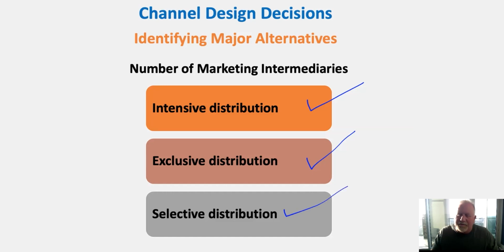And then selective distribution is where we choose only a subset of agreed upon distributors to be able to sell our product. So I'll give you an example of this. Often designer products or high-end luxury products only want certain types of stores to sell their products.